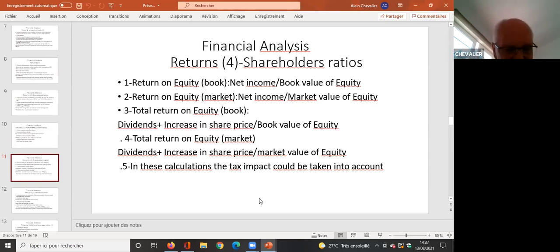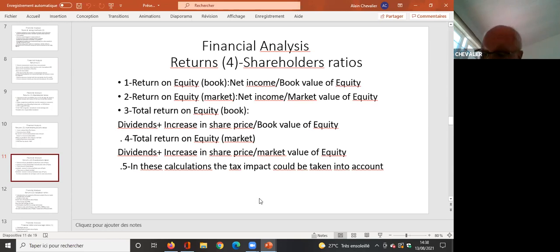But there's still a question there. And the question is, do we have to use the book value of equity or the market value of equity? You will see what we do generally when you take an exercise. We take the book value because very often we don't have the market value.